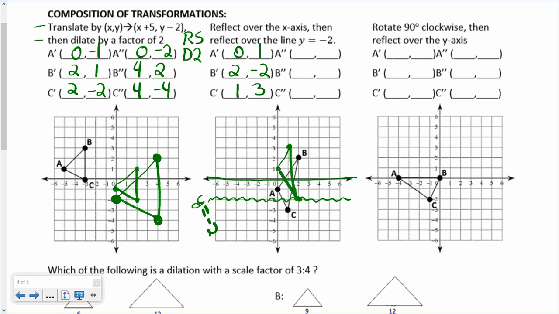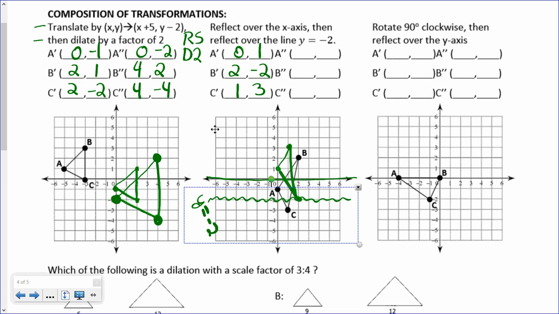Again, forget the original printed triangle. We're working off of our new one that we just made. This is our A prime, which is right here, our 0, 1. We're going to use our written reference here. How far is that point from the squiggle mirror? 3. See how this point is 3 away from our new mirror?